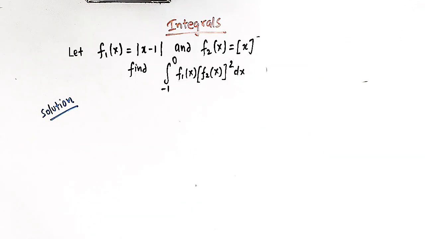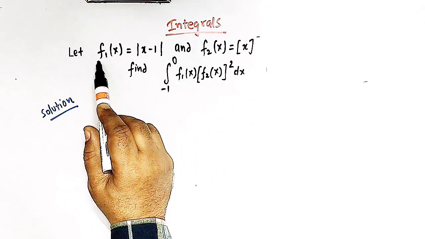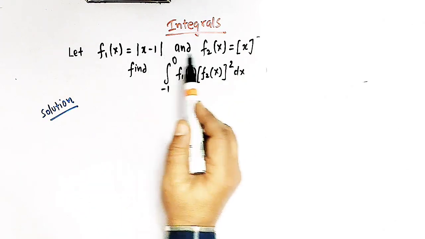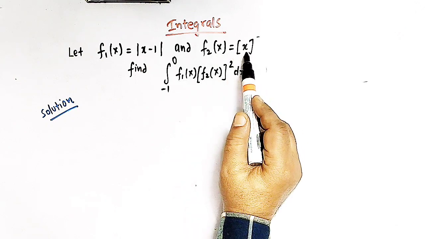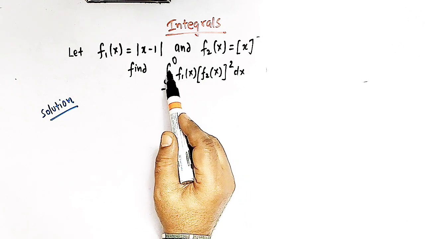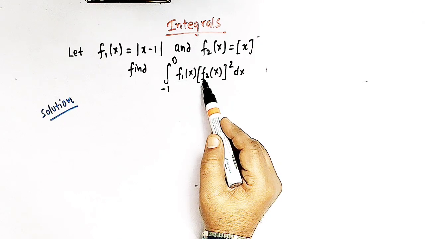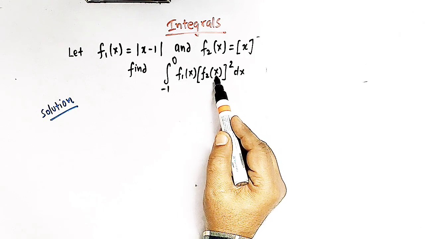Hello viewers, in today's session we are going to discuss another important problem from integrals. So here we are given two functions. F1 x is equal to mod of x minus 1 and f2 x is equal to greatest integer of x, and we have to find the value of this integral, that is from minus 1 to 0 f1x multiplied with the square of f2 of x, right?